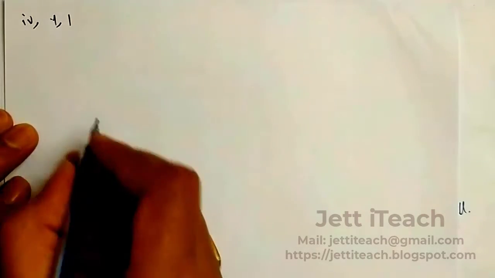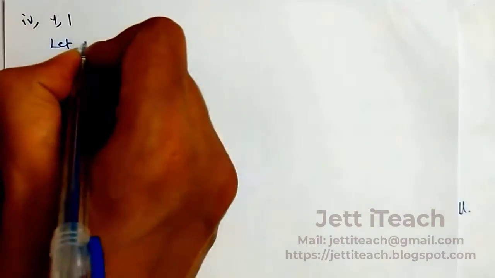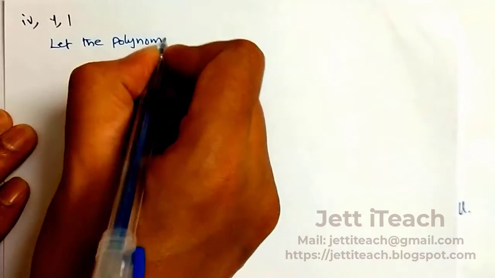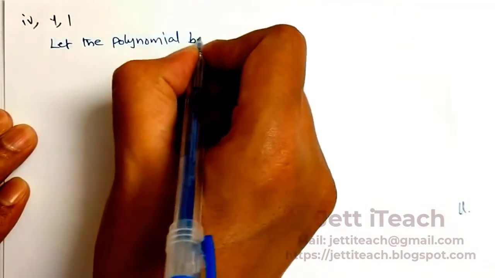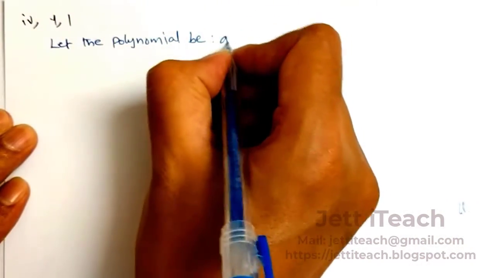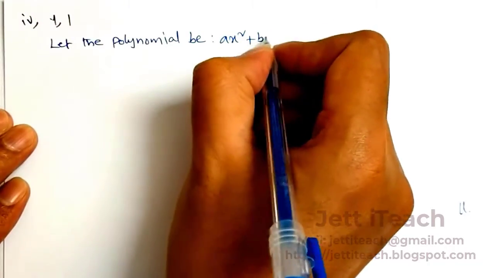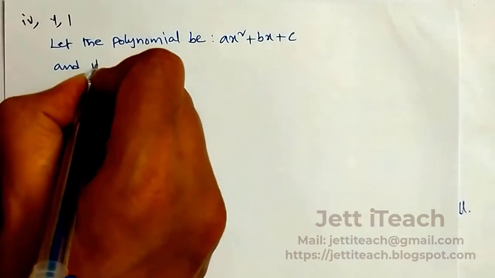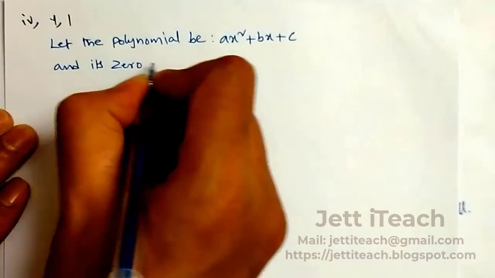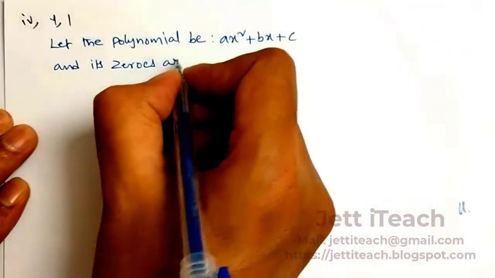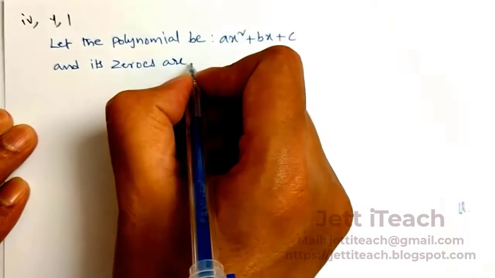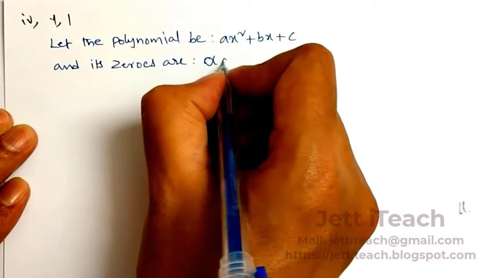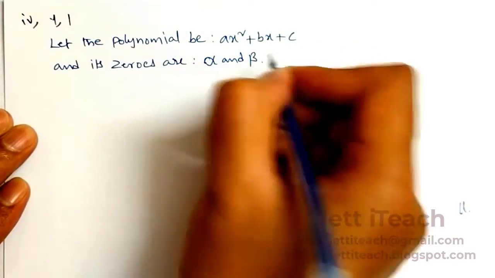Let the polynomial be ax square plus bx plus c and its zeros are alpha and beta.